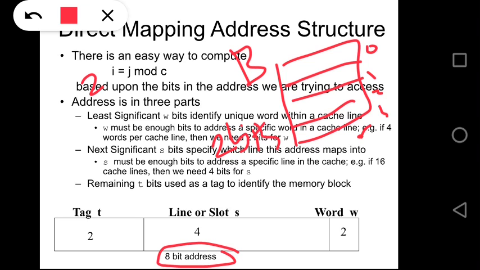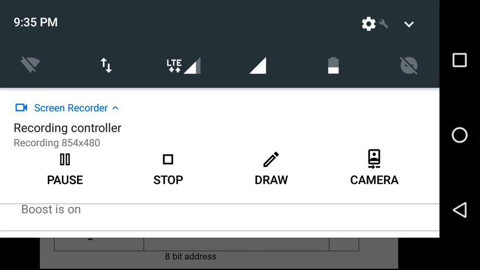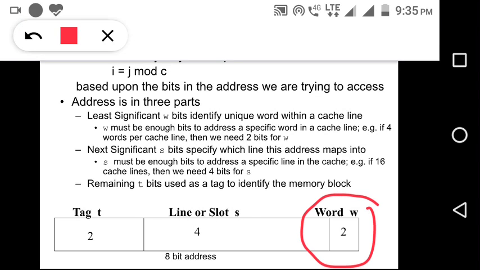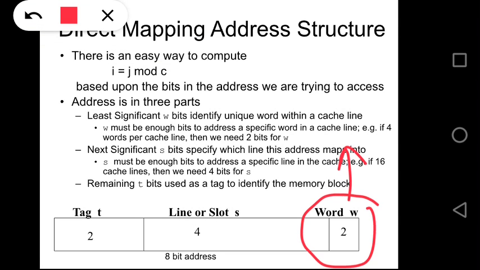With 2 bits, you can identify 0 0, 0 1, 1 0, and 1 1. So 2 bits are enough. That's why the last 2 bits are used to identify a word in the block.